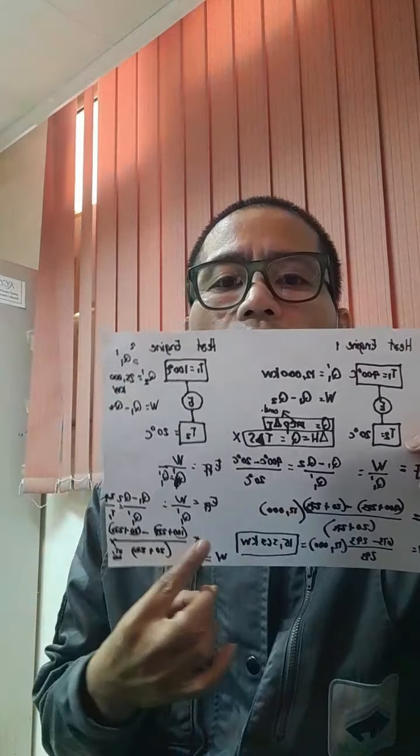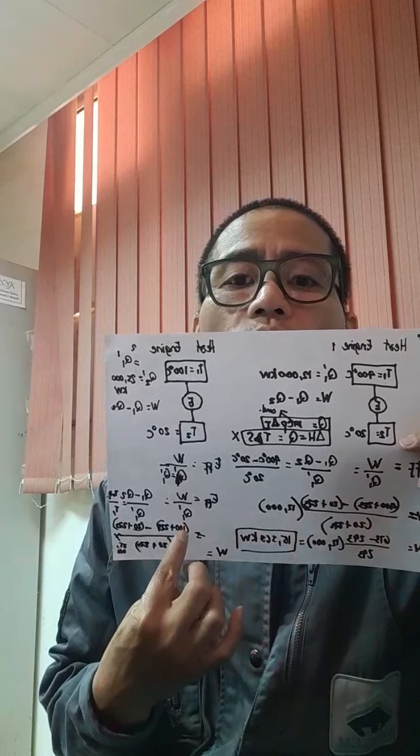So this is equal to T1 minus T2 over T1. Our work will be equal to this multiplied by 25,000. It is the same story as heat engine 1.